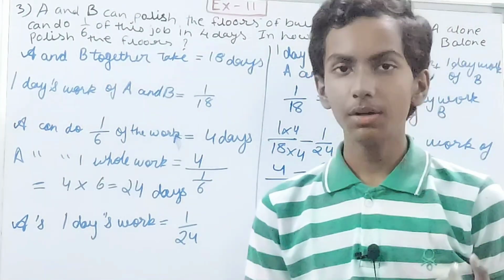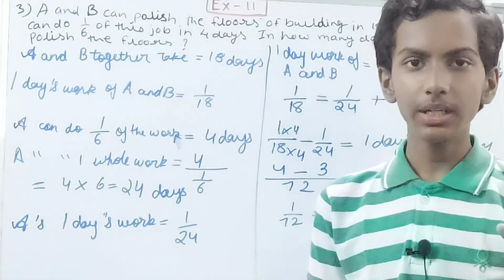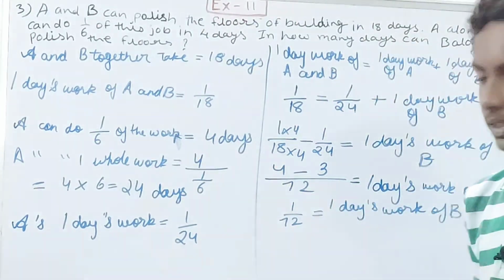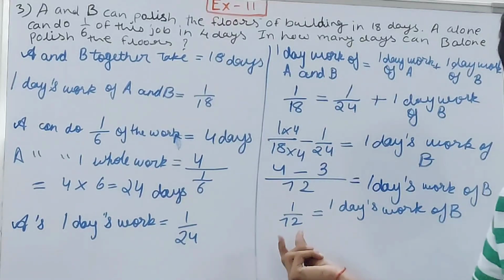Now I told you, whenever 1 day work is given and we have to calculate the total time he will take to do the work, then again reciprocate it, or you can say divide 1 by this 1 day work.